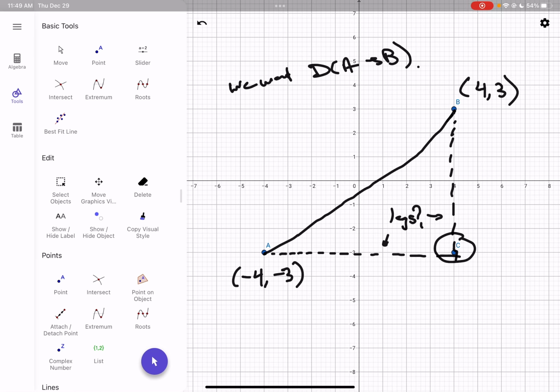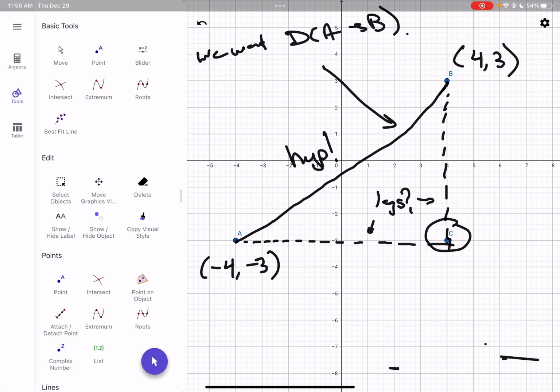Now, if I know the lengths of the legs, I can find the hypotenuse distance, which is what we want right here. This hypotenuse length is that distance we're looking for. That is hype indeed. If I can find out what the distance is for these 2 legs, we can find the hypotenuse with the Pythagorean theorem.